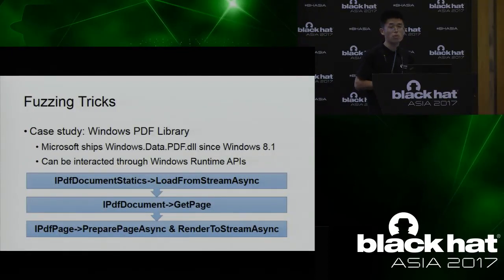So here, if we want to render a PDF file, we can call the LoadFromStreamAsync interface of IPdfDocumentStatics, and then we can get a page of the PDF file by calling the GetPage interface of the IPdfDocument, and then we can render the page by calling the PreparePageAsync and the RenderToStreamAsync interfaces of the IPdfPage.